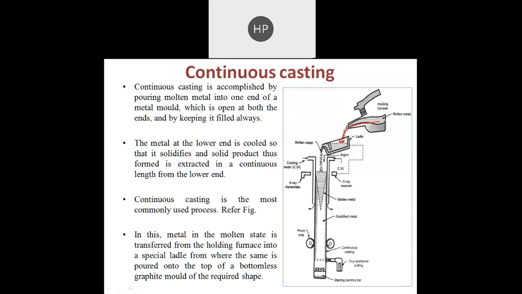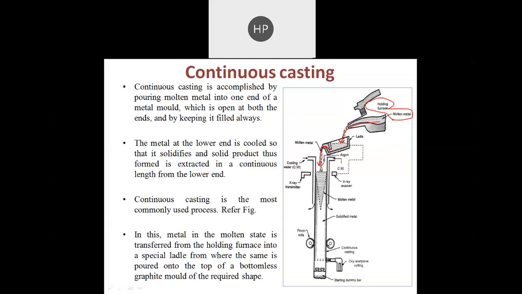Generally it will be a furnace, and in that furnace there will be a continuous production of molten metal. That molten metal will be supplied to the ladle, and from that ladle it will be passed through this arrangement.